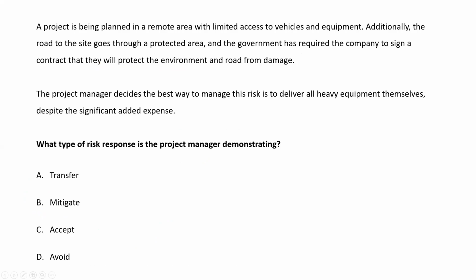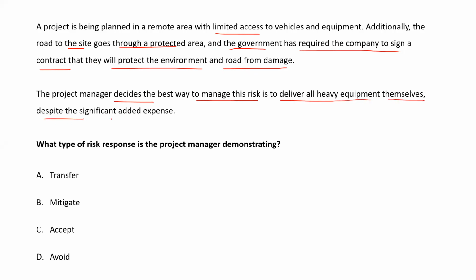A project is being planned in a remote area with limited access to vehicles. Additionally, the road to the site goes through a protected area, and the government has required the company to sign a contract that they will protect the environment and road from damage. The PM decides the best way to manage the risk is to deliver all heavy equipment themselves, despite a significant added expense.